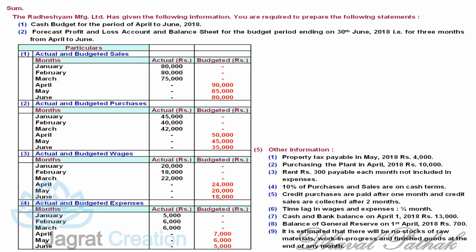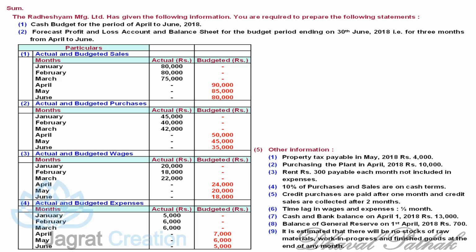Information given. Actual and budgeted sales is given to you. We are preparing this budget on 1st of April. So January, February and March are the period in past for which we are given actual details of sales, actual details of purchase, actual details of wages and actual details of expenses.